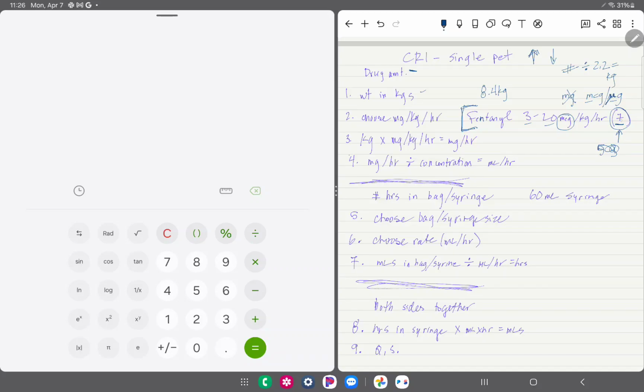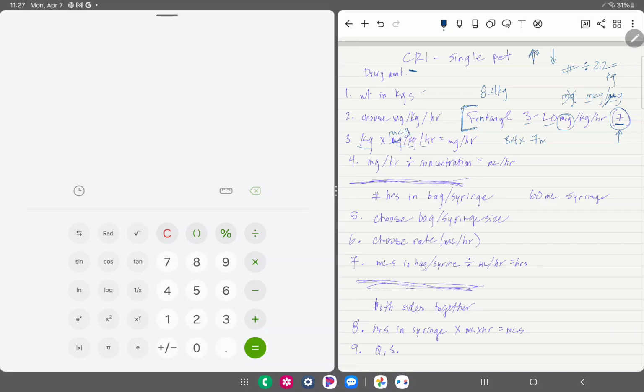So we're picking that. And then we're going to take our kgs, which is 8.4, times our mic per kg per hour, which we said was 7, or mic in this case. This is mic. Again, as long as we're starting with mic and ending with mic, we can do our calculation just fine.